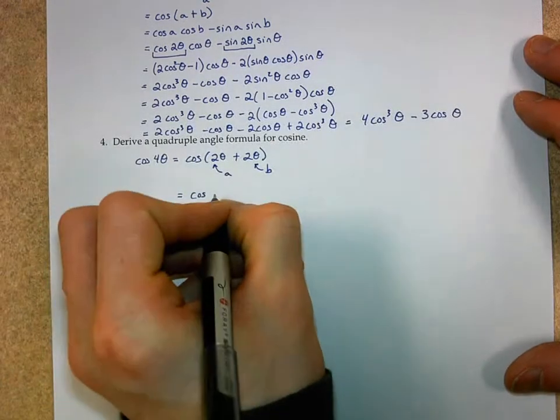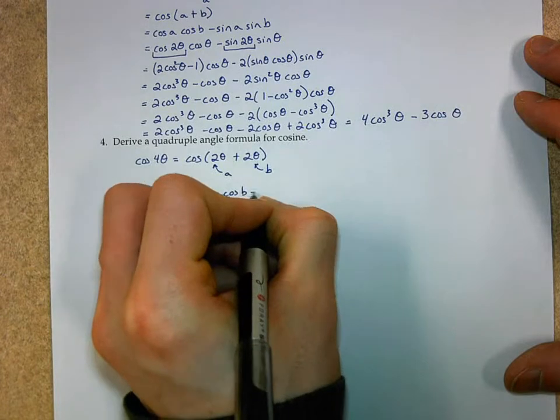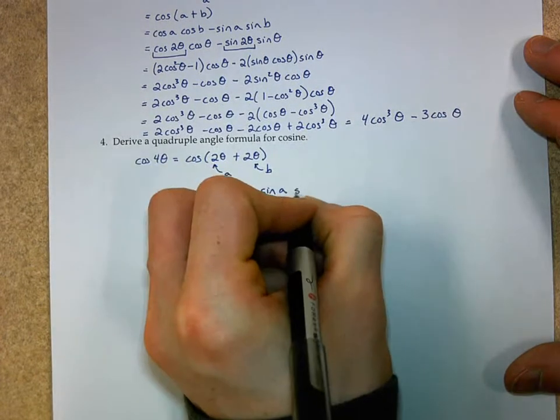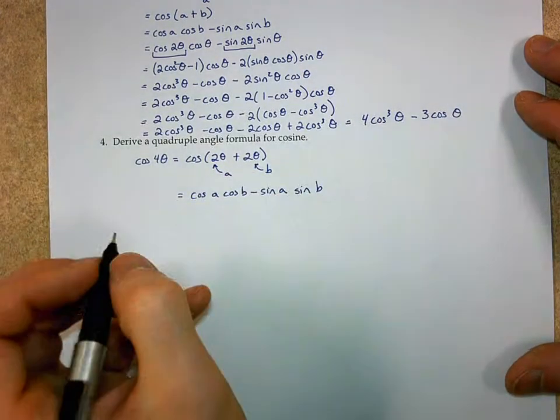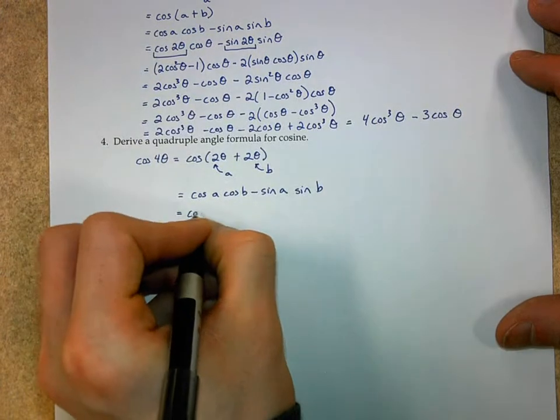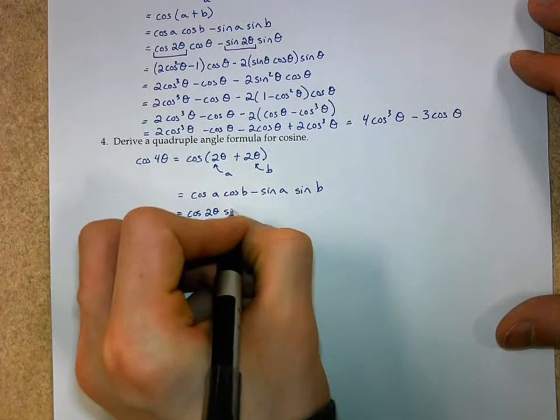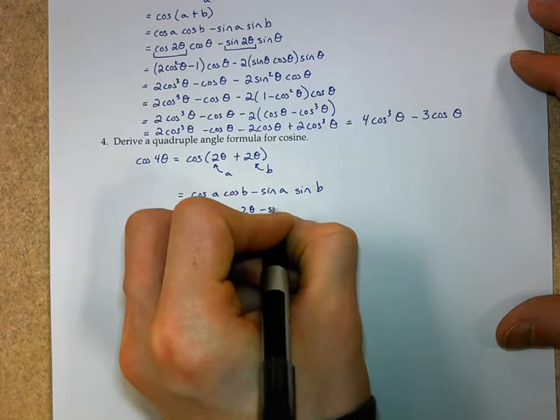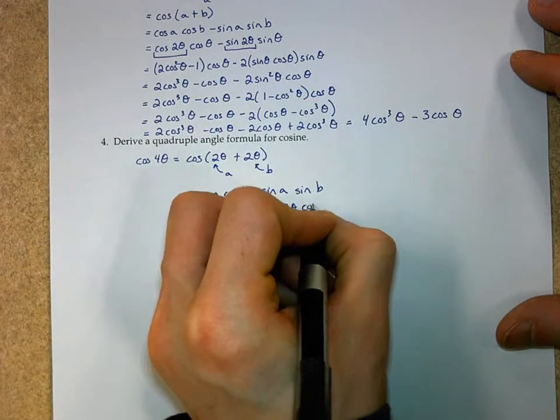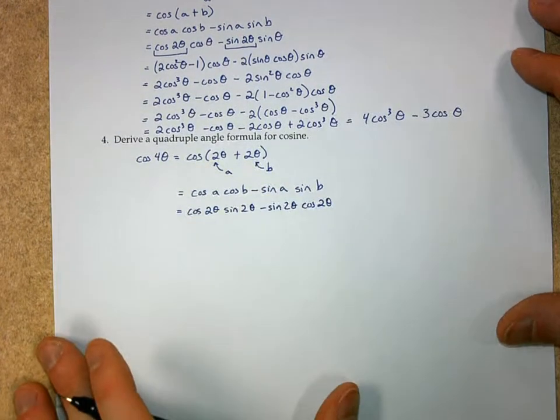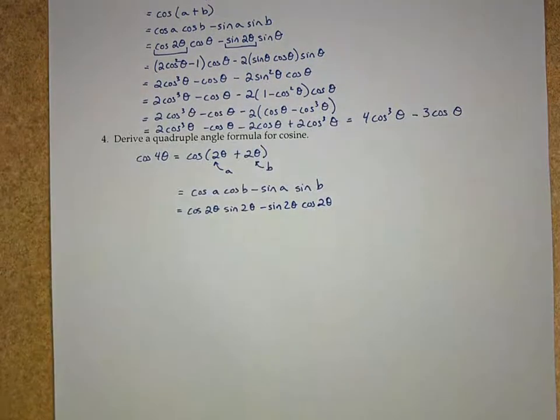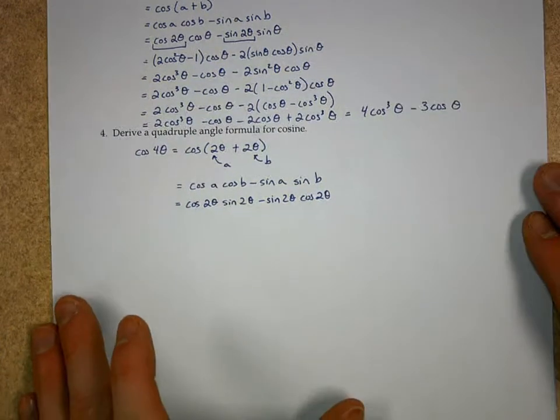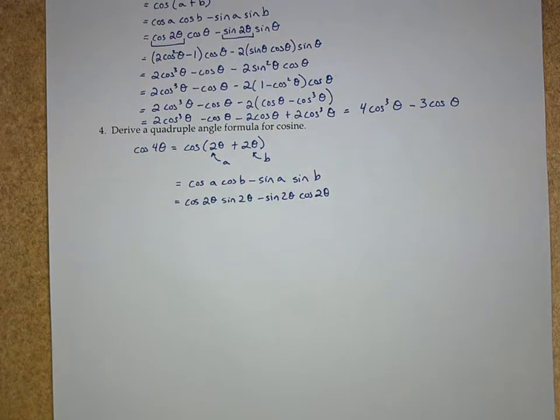So the cosine of A, cosine of B, minus sine A, sine B. All these are going to be 2 thetas. So cosine of 2 theta, cosine of 2 theta, minus sine of 2 theta, sine of 2 theta. And I'll allow you to continue to simplify that one on your own. It's all algebra from this point.